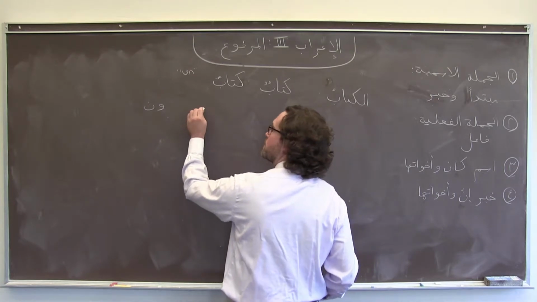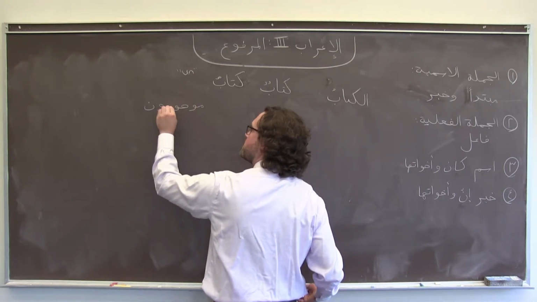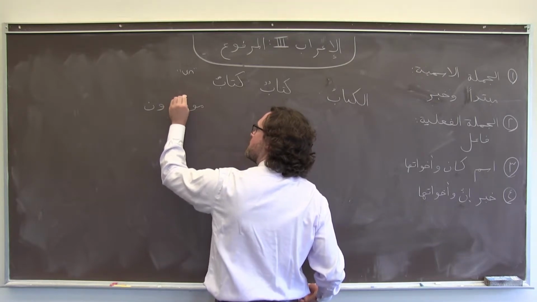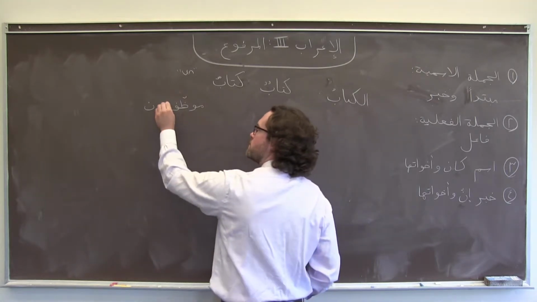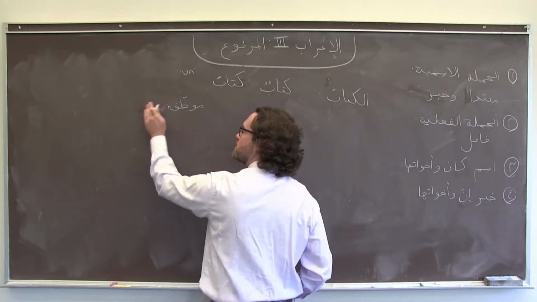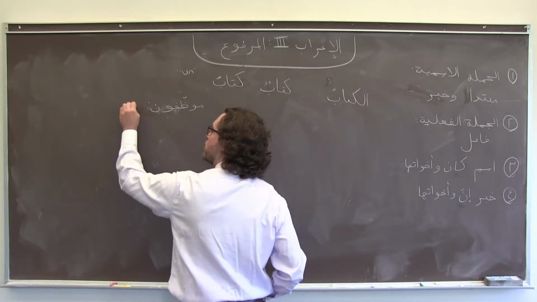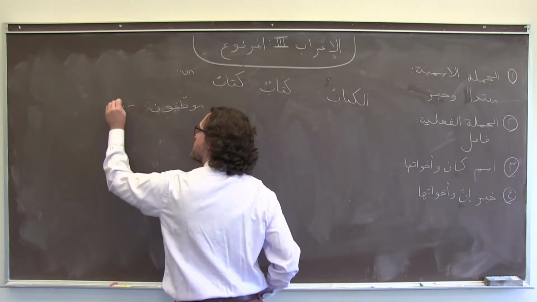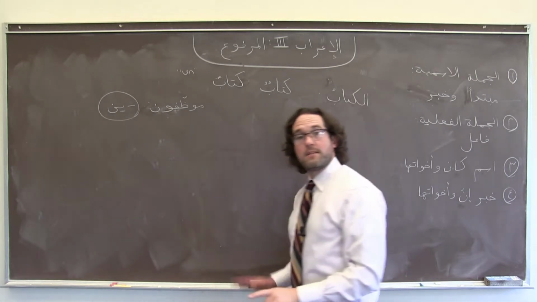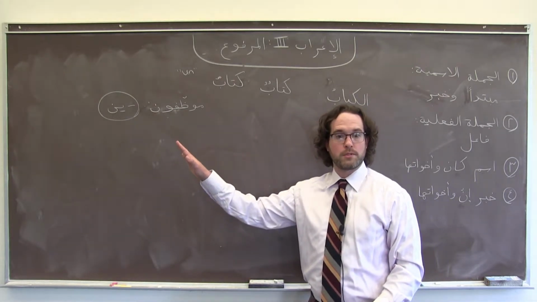Like if we were talking about a single employee, we would say muwazzaf. And then if we were talking about multiple employees and the word in the sentence was marfu'a, we would say muwazzafun, as opposed to muwazzafin, the ending that we would use for mansub and majroor, are other options.